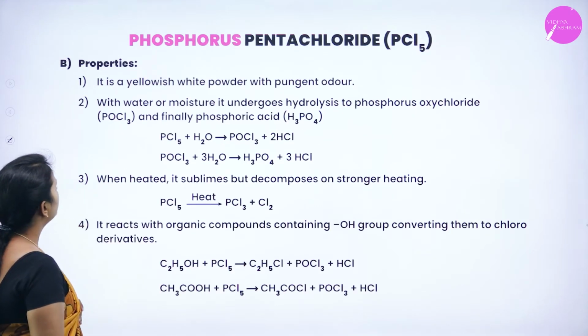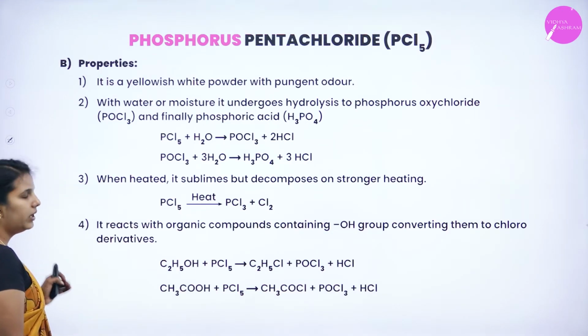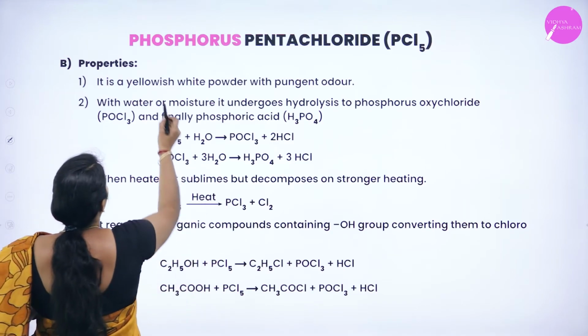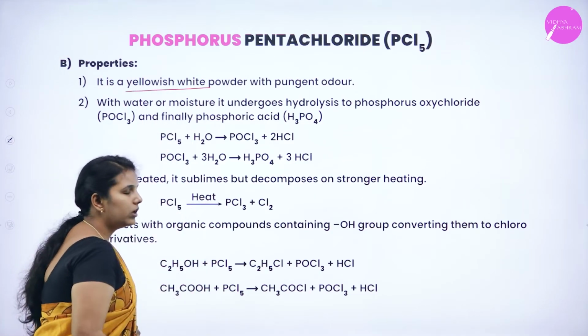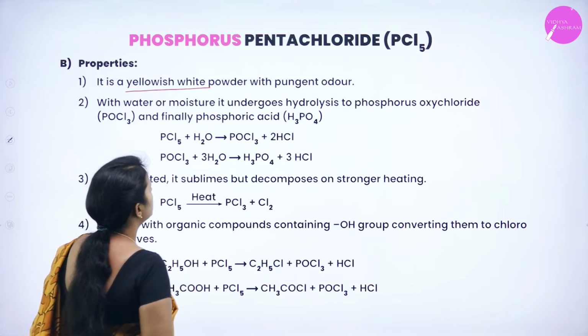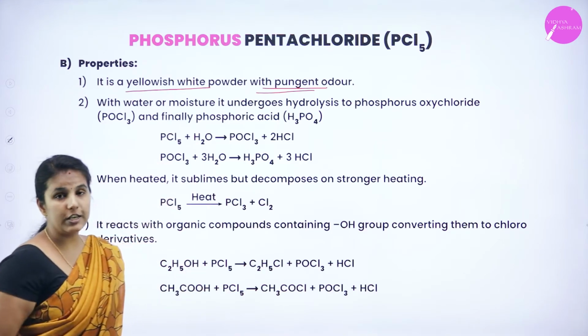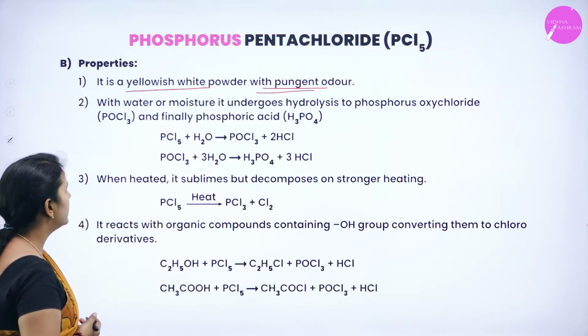And coming to the properties of this phosphorus pentachloride, I already told you that this is a yellowish white solid which gives rise to a pungent odor, a strong sensation of smell.